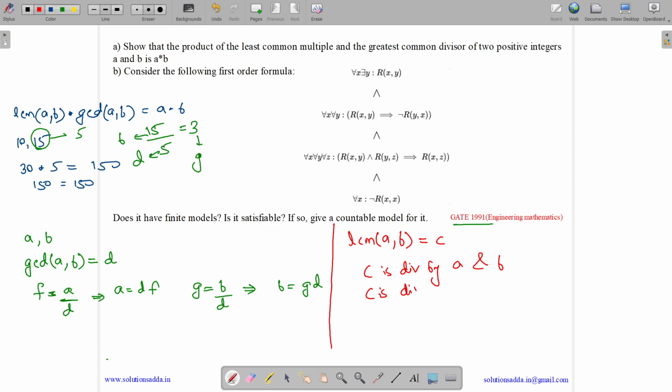What is the value of A? DF. C is divisible by DF, and what is the value of B? GD. So C is divisible by DF as well as GD.